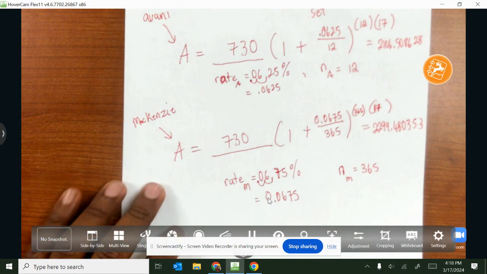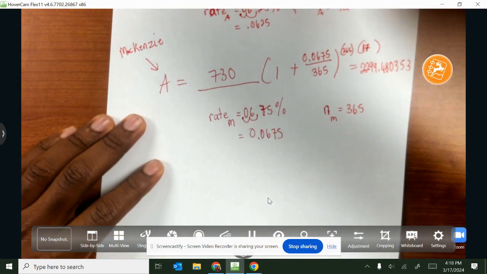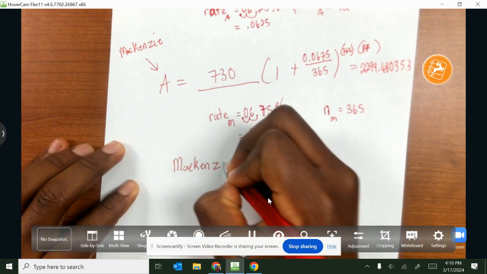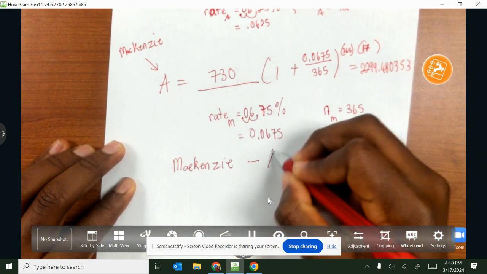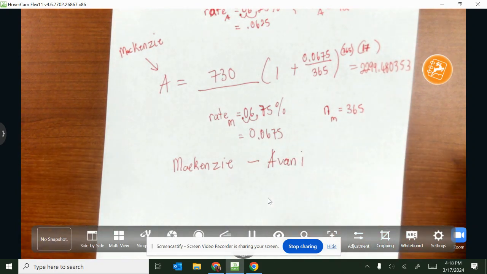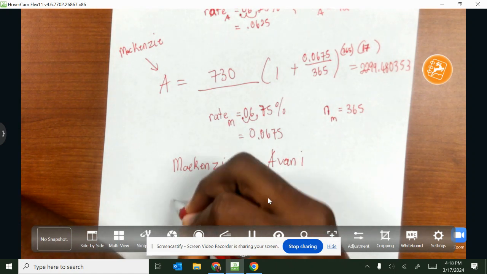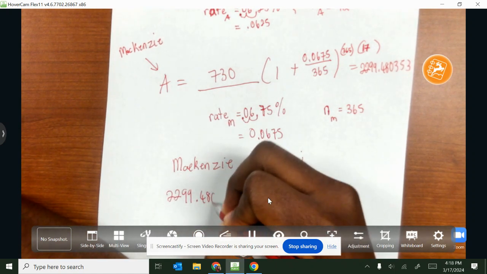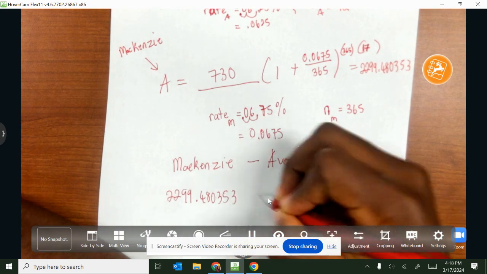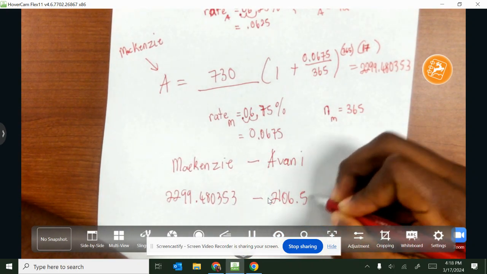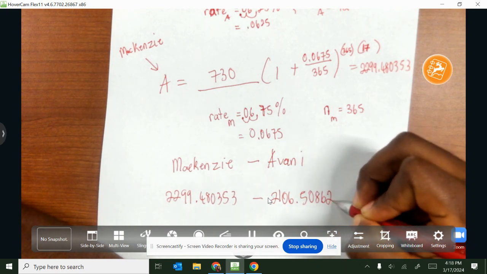It says, how much more money would Mackenzie have in her account than Avani? Because it says Mackenzie than Avani, I would need to do Mackenzie minus Avani, or Avani minus Mackenzie, either way. So we would do Mackenzie, which is 2,299.480353 minus 2,106.508628.